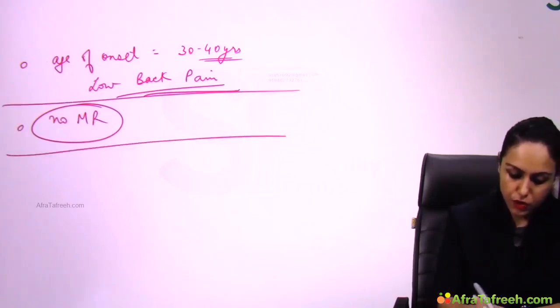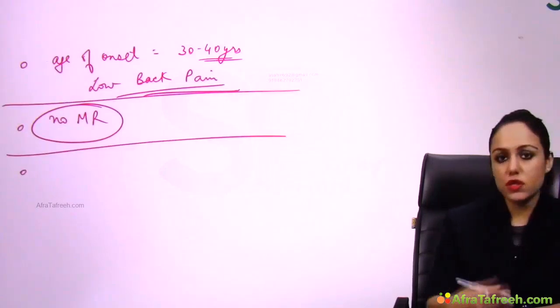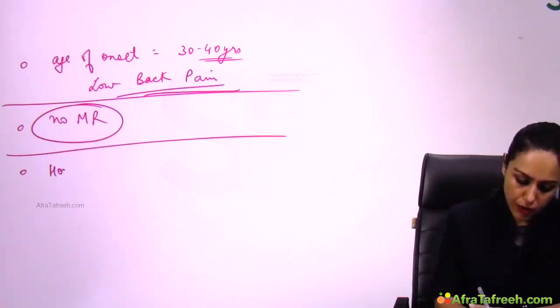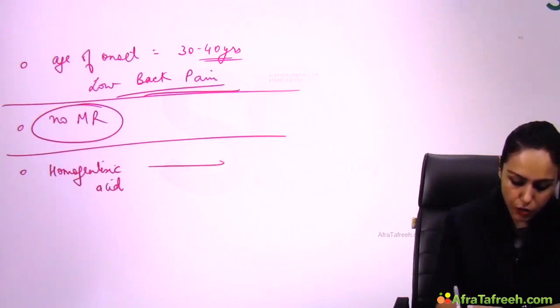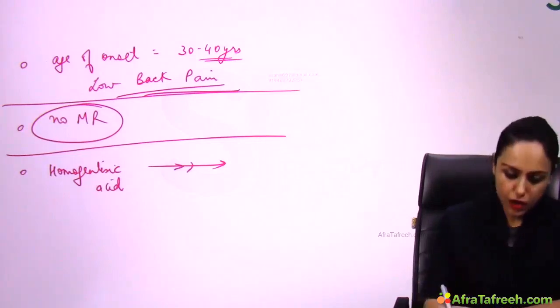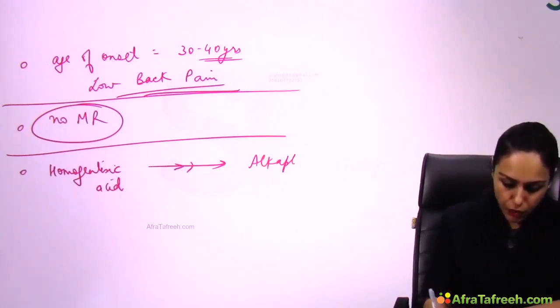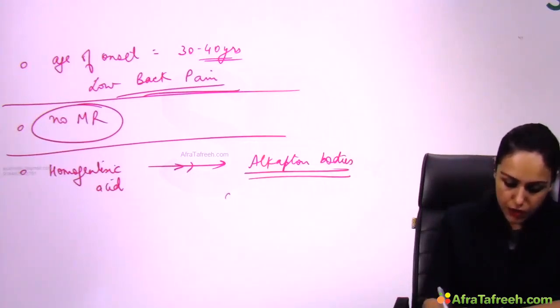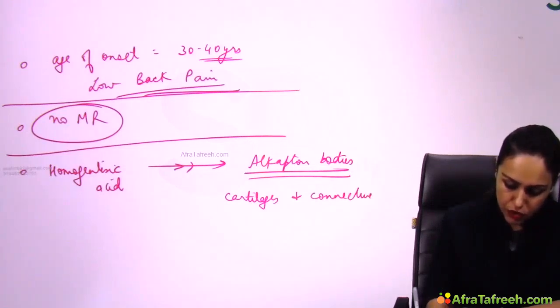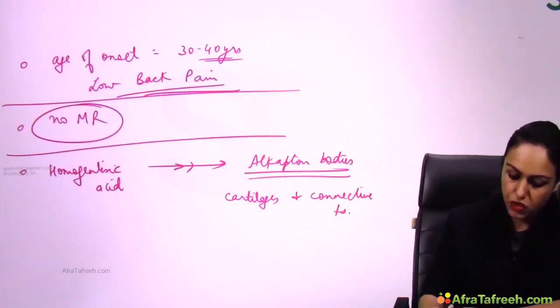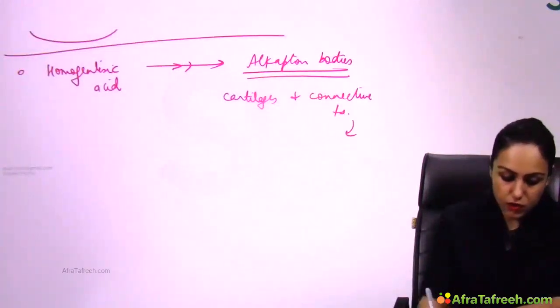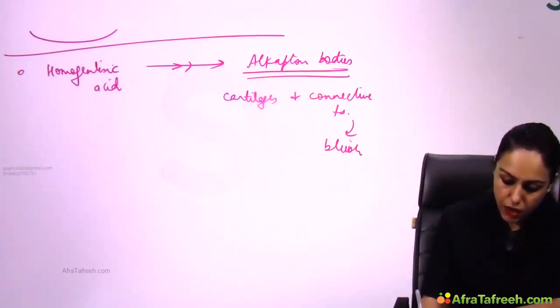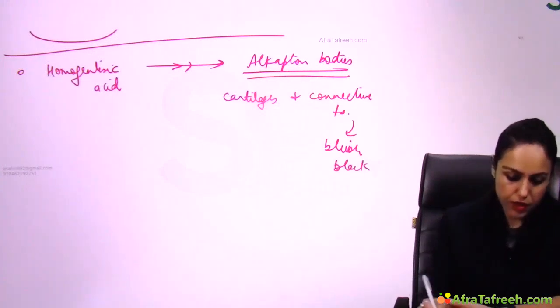Age of onset is 30 to 40 years, and in these patients after a few years, this homogentisic acid also gets accumulated in the body, and it gets polymerized to form alkapton bodies, which get accumulated in cartilages and connective tissue of these patients, so that the connective tissue gives a bluish black appearance.